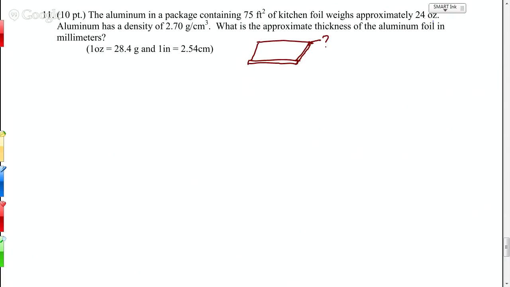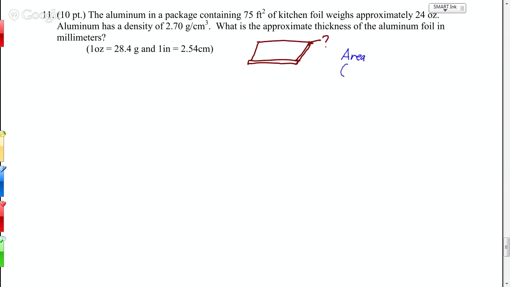We know how much it weighs. We've got 24 ounces of aluminum foil. So if we know the weight and the density, we can get the volume. And then we know the area as well. If you've got the area and the volume, you can get the thickness. Area is square centimeters, volume is cubic centimeters.